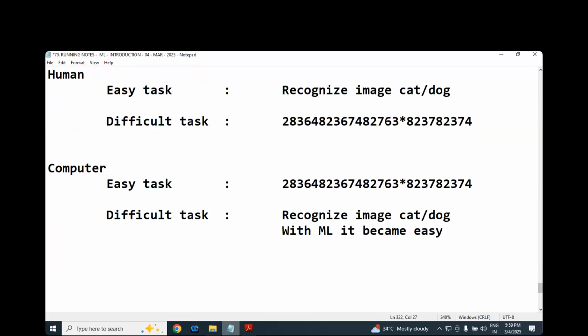Good comparison. Being a human, imagine my father gave me an image in my childhood. My father says, dear son, tell me whether this is a cat or dog. Our brain is trained very well, so I can recognize whether this is a cat or dog. But if my father gave me such a big calculation, I would struggle. Are you with me or not? Because it is such a big calculation.